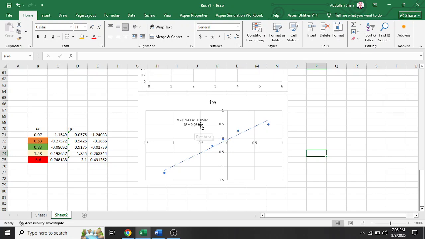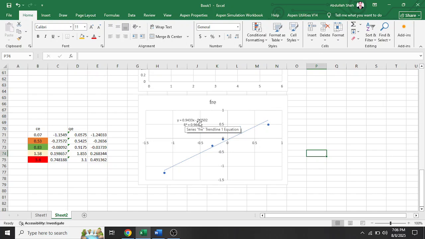From these experiments, we can also confirm that the adsorbent is non-homogeneous and many layers of the lead ion will form on the surface of the adsorbent. So it follows the Freundlich isotherm.